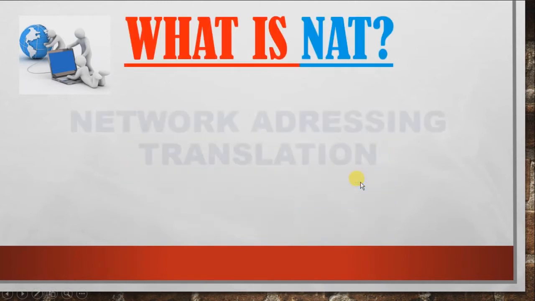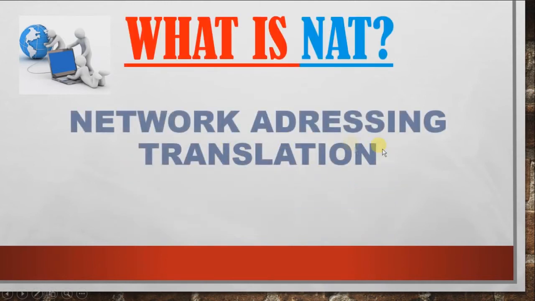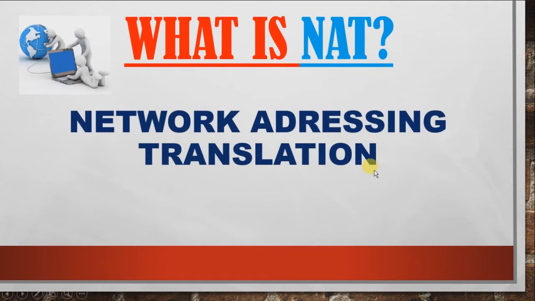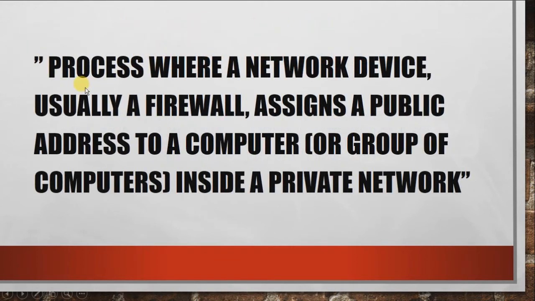What is NAT? NAT is Network Address Translation. It is the process where a network device, usually a firewall, assigns a public address to a computer or group of computers inside the private network. Which means inside the network there are two networks, the private network and the public network.